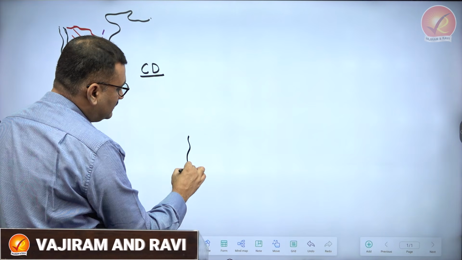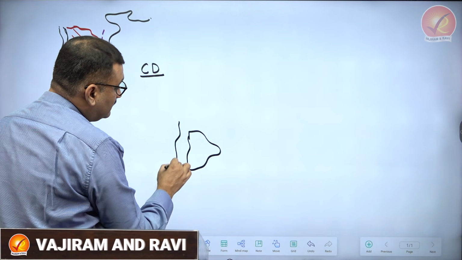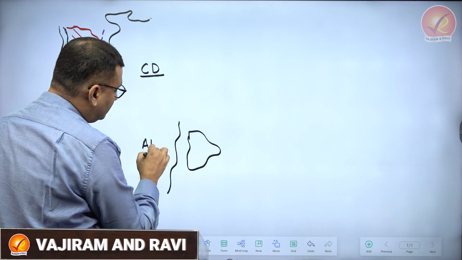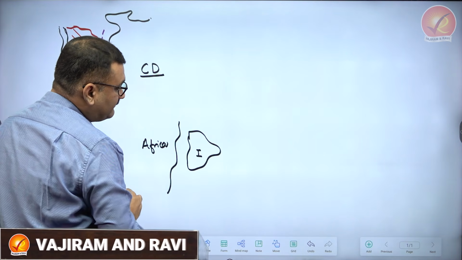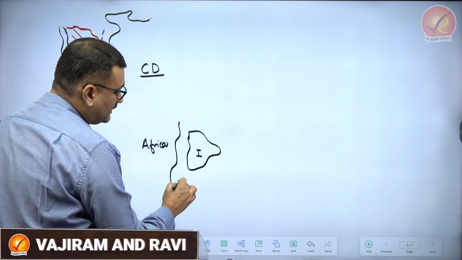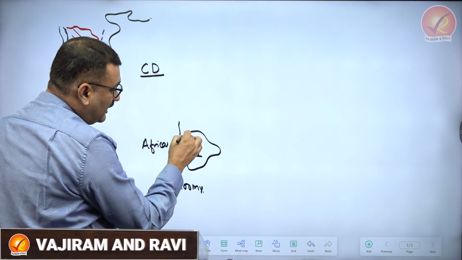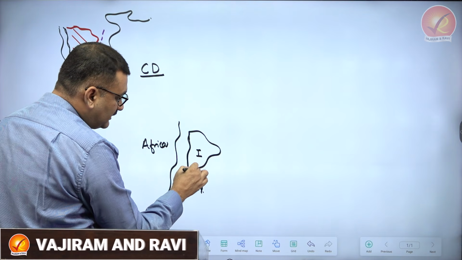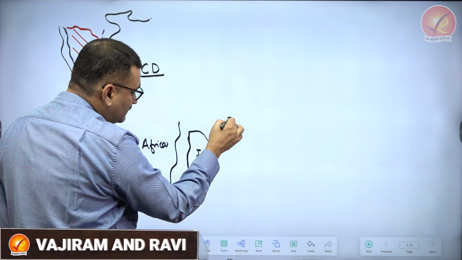This triangular landmass of India was created and separated from Africa. This is the African landmass and this was the Indian landmass, and this separation was around 200 million years before present. After the formation of this triangular landmass, it went on drifting towards the north.